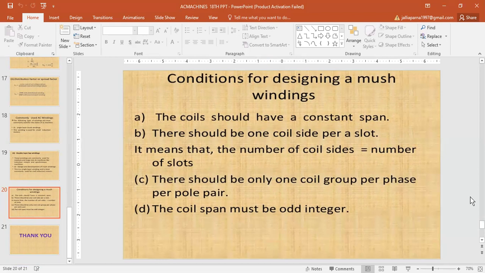There should be one coil side per slot, it means that the number of coil sides equals the number of slots. There should be only one coil group per phase per pole. The coil span must be an odd integer.